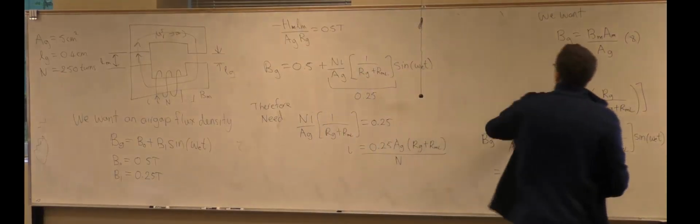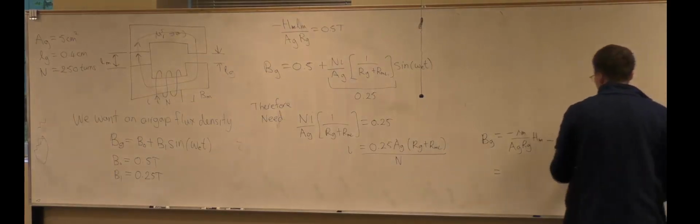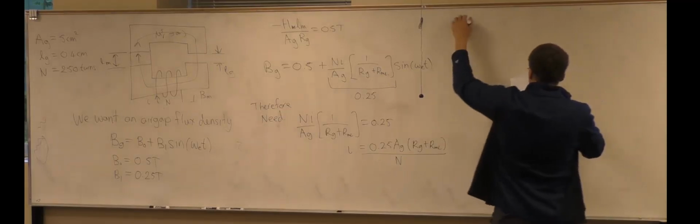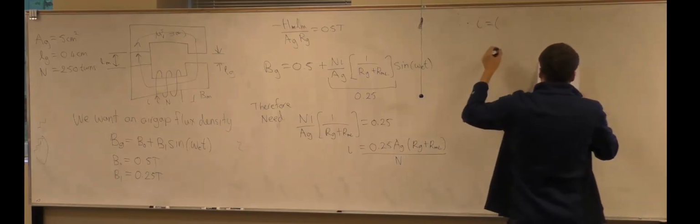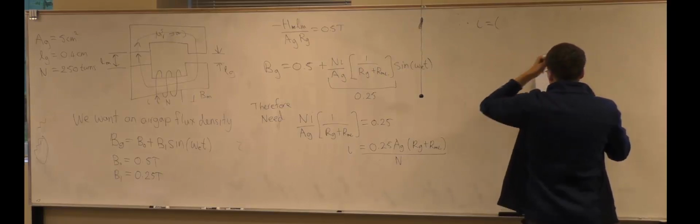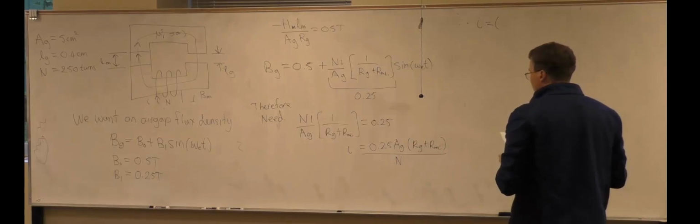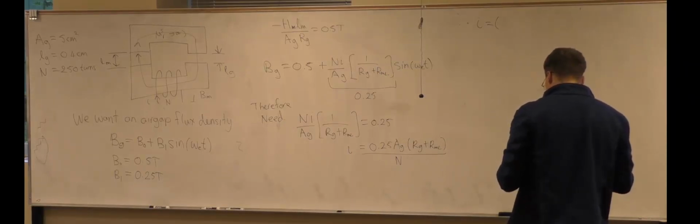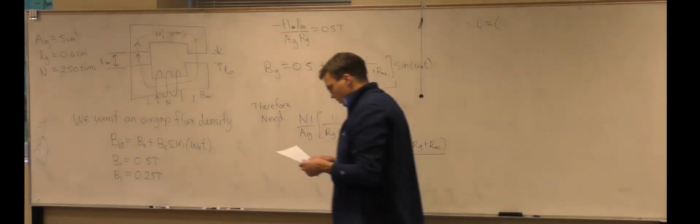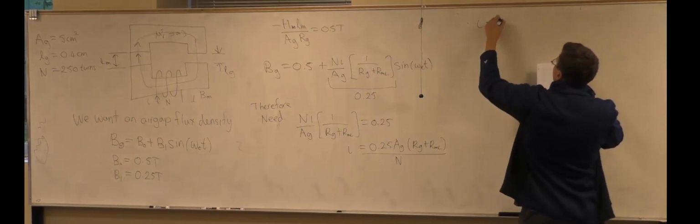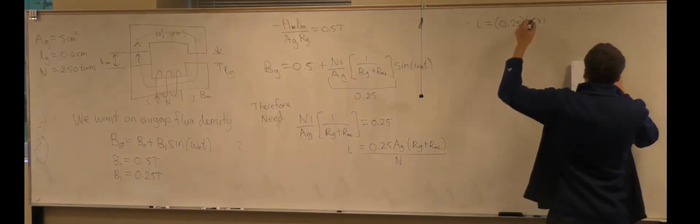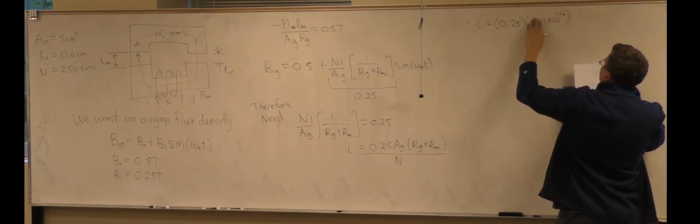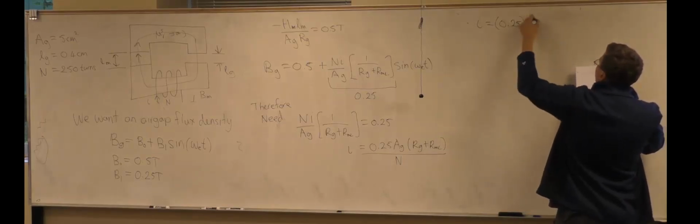And so putting in the numbers, I is equal to 0.25 times 5 times 10 to the minus 4.